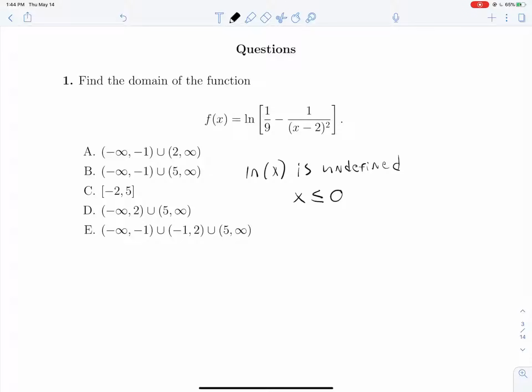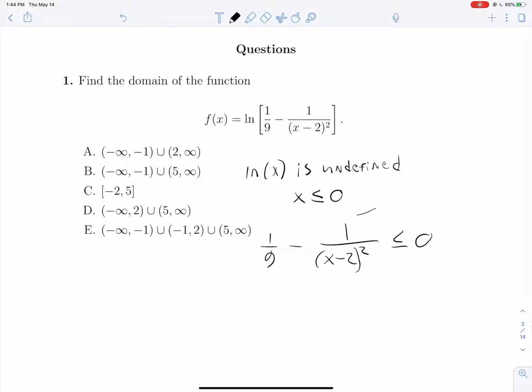And so this is what we're dealing with here. So let's pull this thing out and set it equal to 0. 1 over 9 minus 1 over x minus 2 squared is, let's just say, less than or equal to 0. And when is this going to occur?